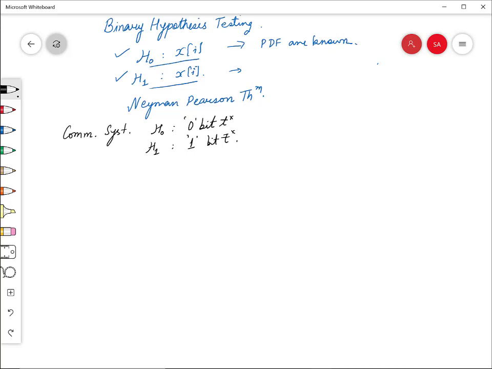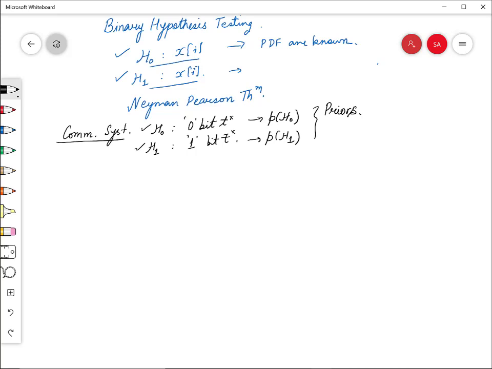What is the probability that a source is generating a bit 0 or a bit 1? So there could be some priors associated to these hypotheses. Let me call them probability of hypothesis H0 and probability of hypothesis H1. So these are the priors that we have. This is an example of a communication system where we might know the probability of occurrence of these two hypotheses, and there could be many other examples where such problems may arise.